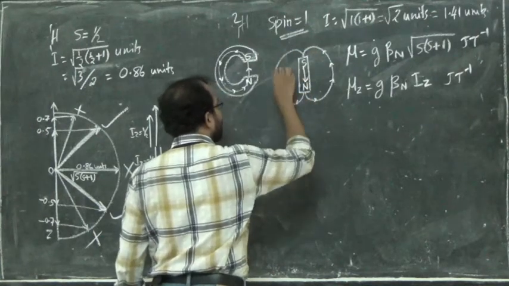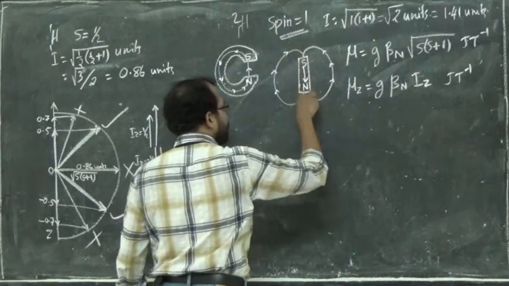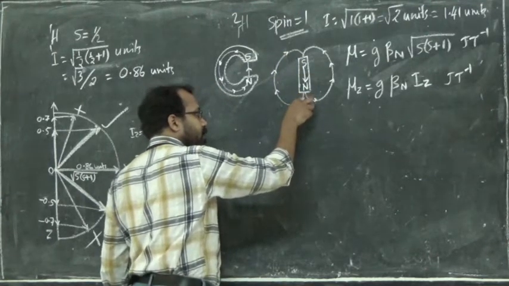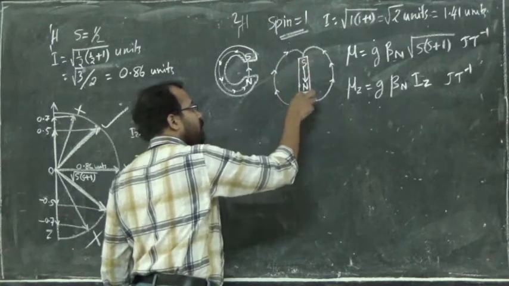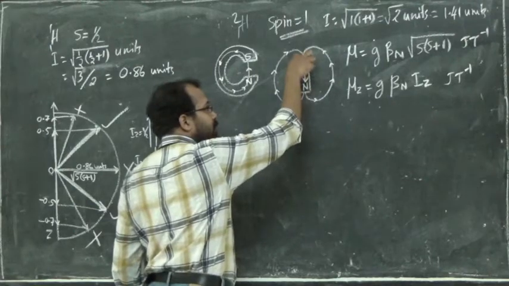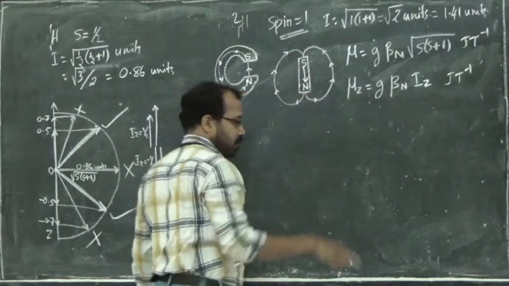If you are considering the magnetic lines of force outside the magnet, it is from north to south, right? But inside the magnet it is from south to north.